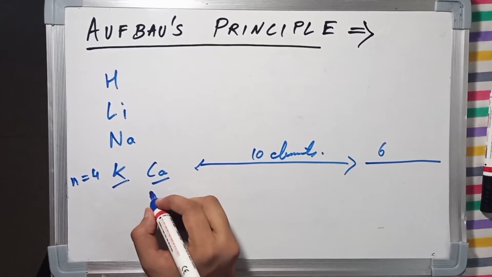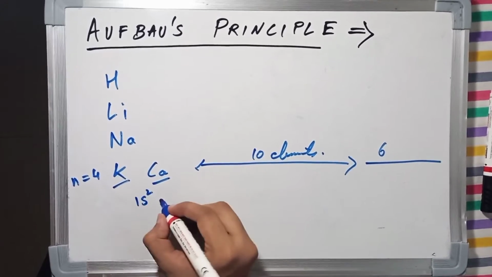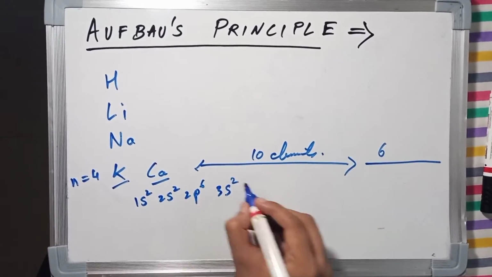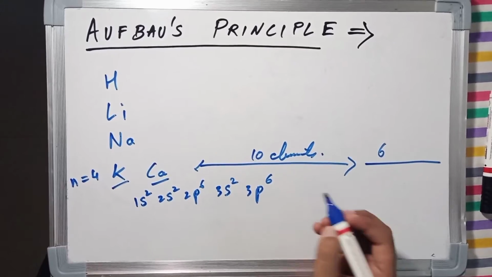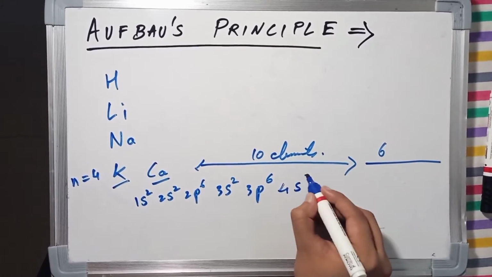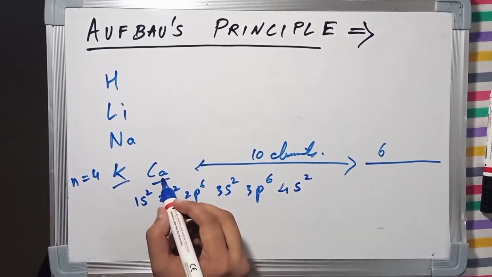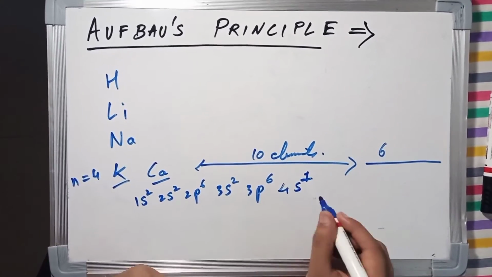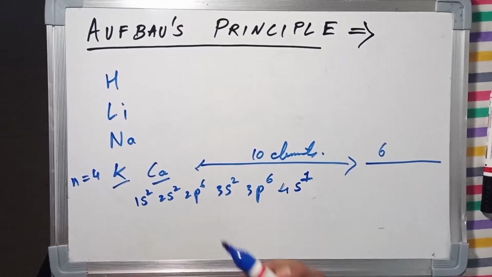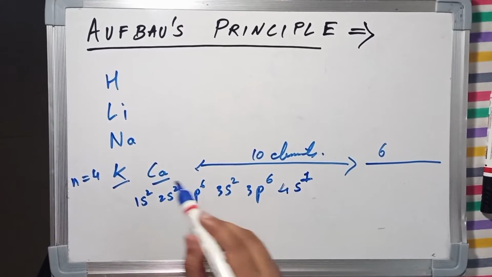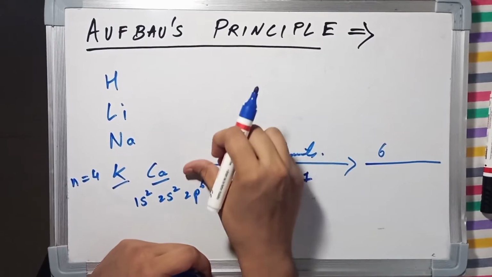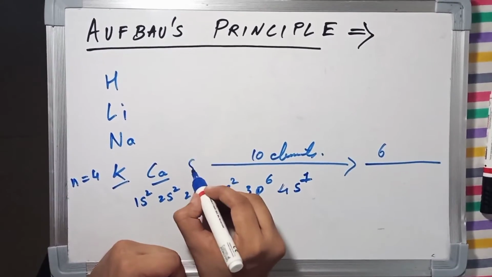It is 1s2, 2s2, 2p6, 3s2, 3p6, 4s2, right? This is for calcium, and if we remove one electron, then this becomes the electronic configuration of potassium. But just next to calcium, there is an element which is scandium.